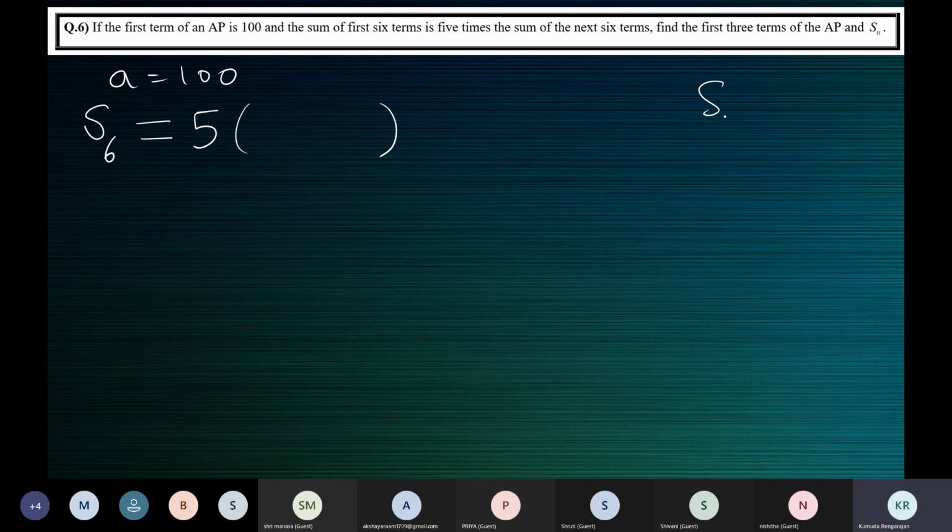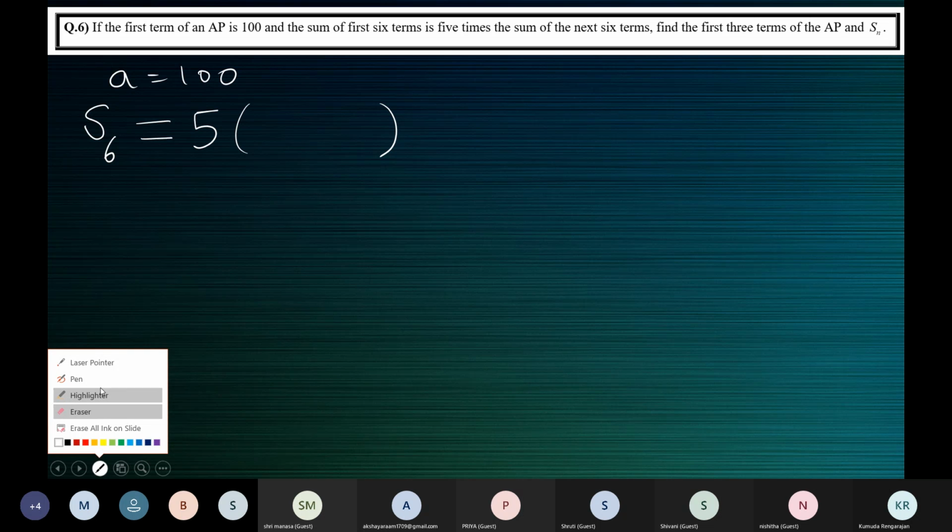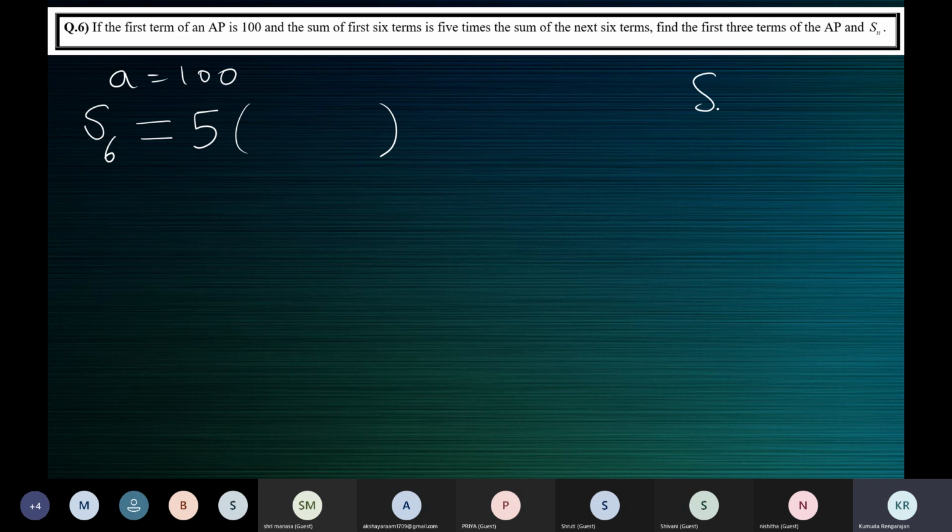So how do we express the sum of the next 6 terms? This will be the sum of the first 12 terms minus the sum of the first 6 terms. When we say the sum of the next 6 terms, we are talking about A7 plus A8 plus A9 plus A10 plus A11 plus A12, isn't it?